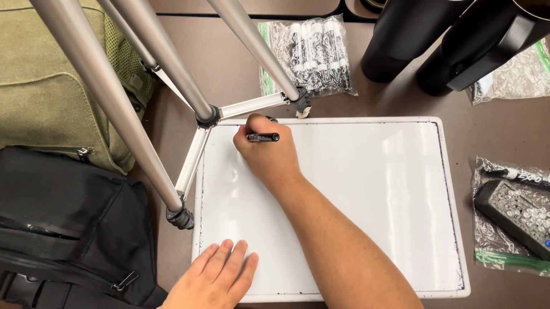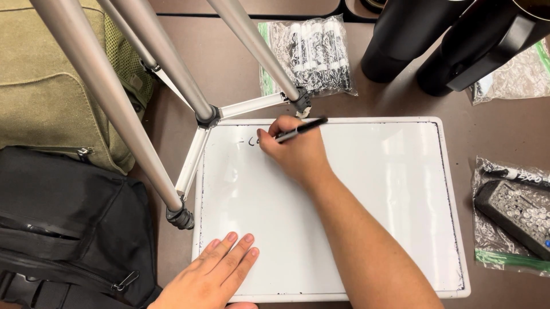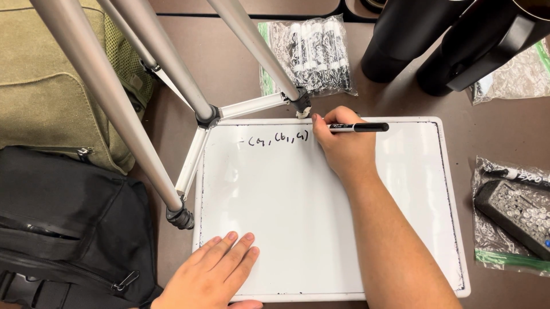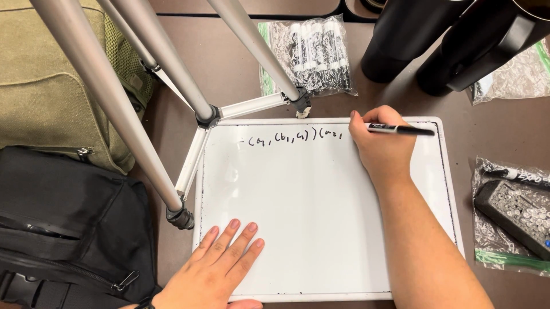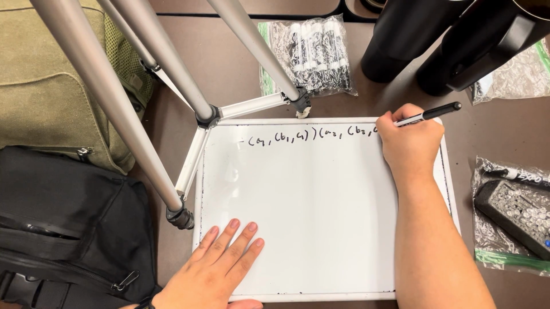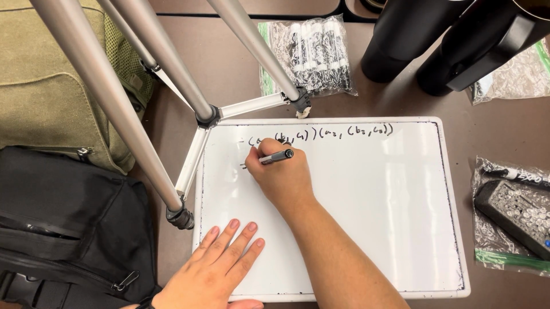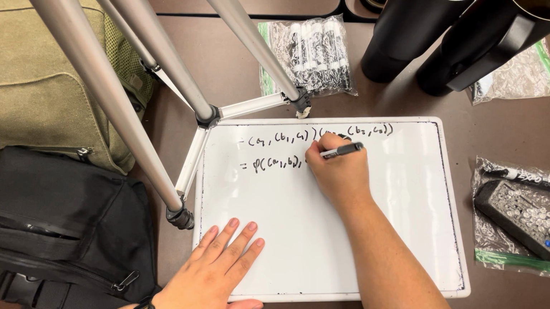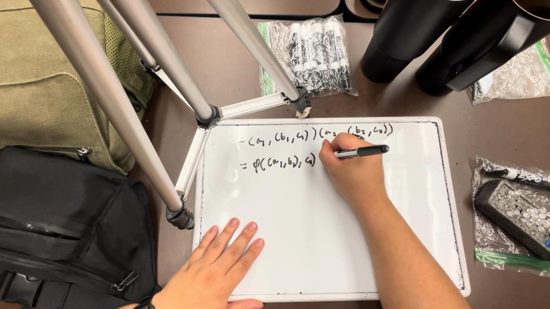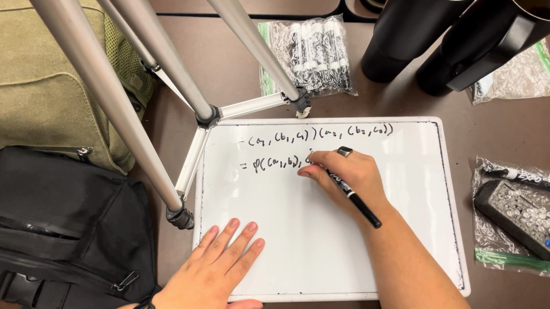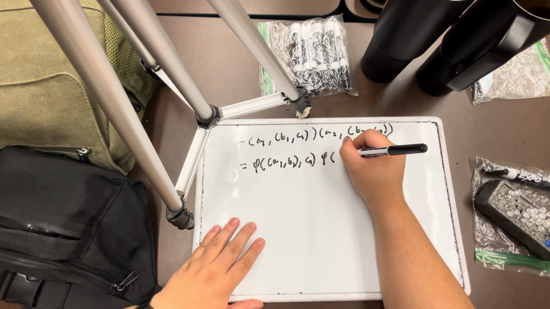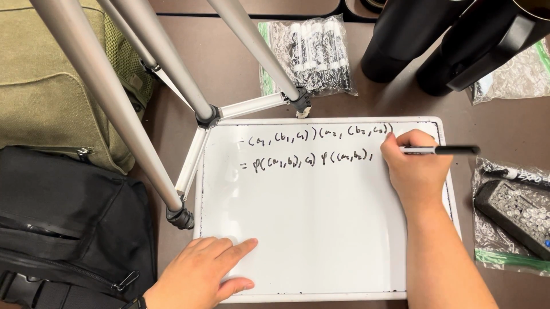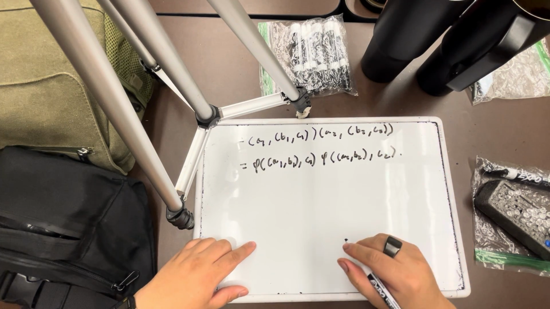And that is in fact equal to (A₁, (B₁, C₁)) (A₂, (B₂, C₂)), which is equal to φ((A₁, B₁), C₁) times φ((A₂, B₂), C₂), and that's what gets us our homomorphism.